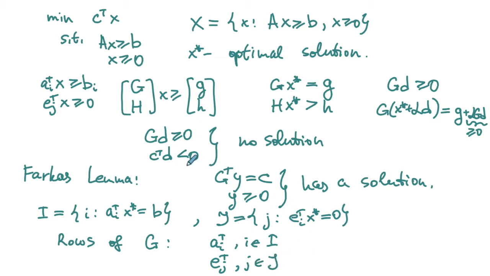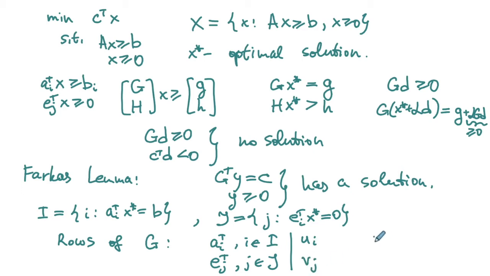Now for this vector y in this system, we are going to distinguish between the entries of y that correspond to the rows of matrix A and the entries of y that correspond to the non-negativity constraints. So we will represent this vector y as a combination of u_i's and v_j's.